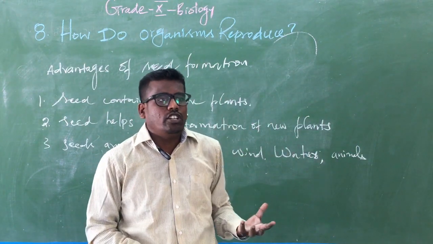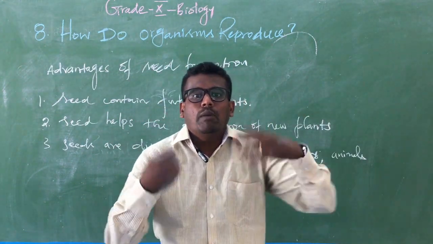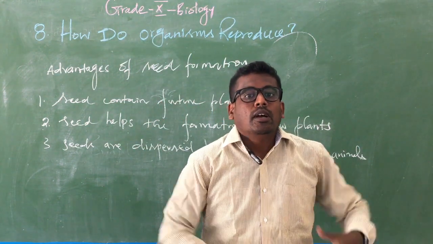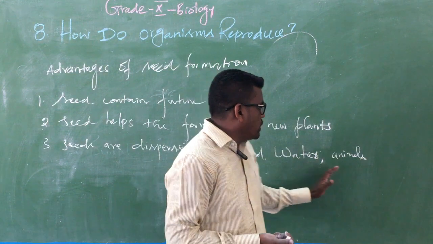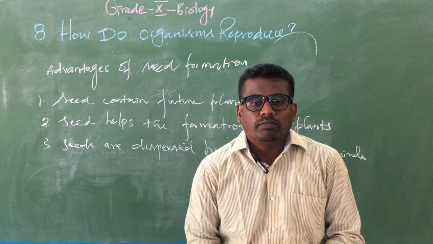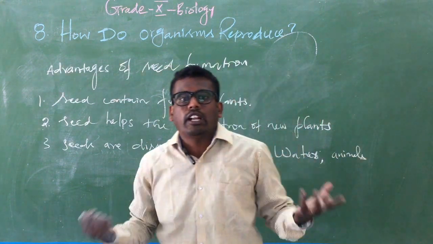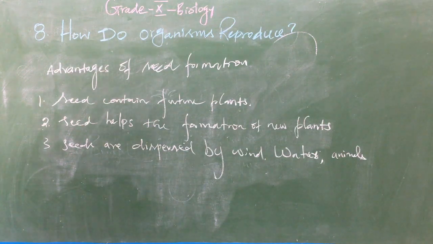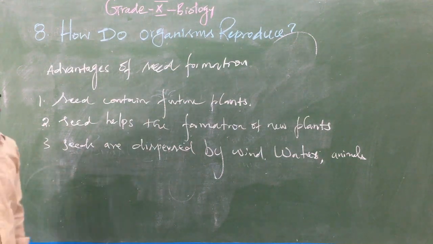What is extinction? When a plant no longer exists on earth, that is called extinction. But wind, water and animals do not allow extinction. They carry different types of seeds and help in the formation of new plants. These are the advantages of seed formation.